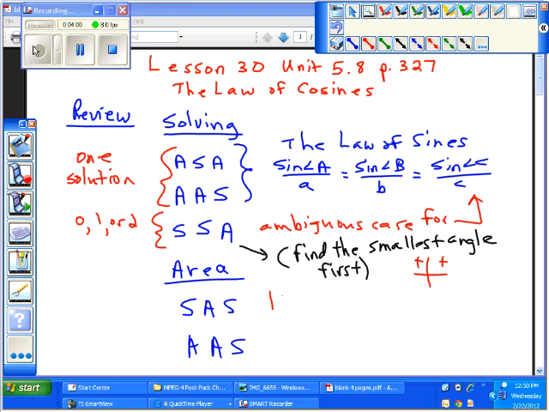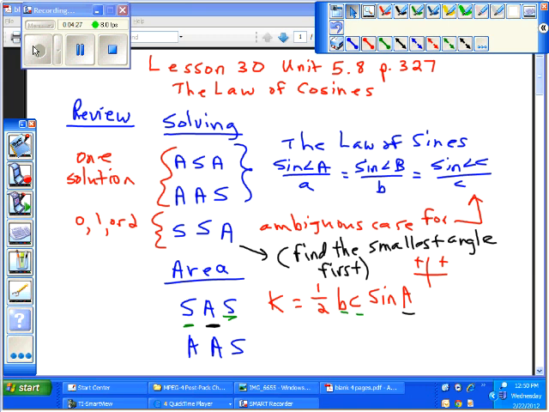The formula you use in that case is K equals 1/2 bc sine A. Now, the b and c are these 2 sides, and the A is that angle. So you will be given 2 sides and an included angle.